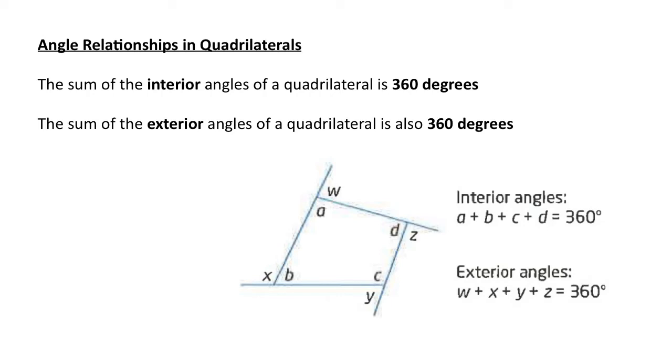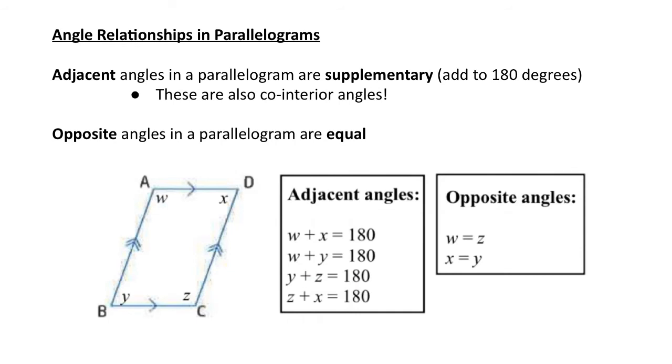So the angle relationships for quadrilaterals are nice and easy to remember because both interior and exterior angles add up to 360 degrees. Although there are lots of different types of quadrilaterals, parallelograms specifically have their own angle relationships or angle theorems that can be applied to their shape.